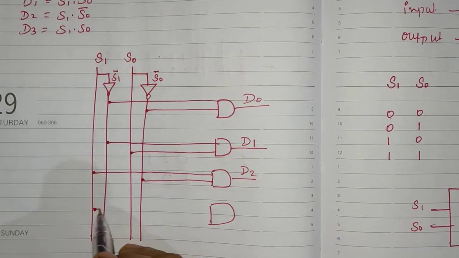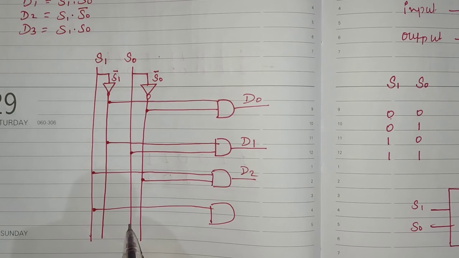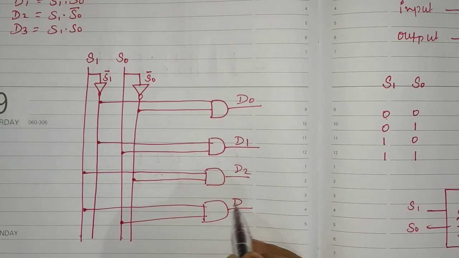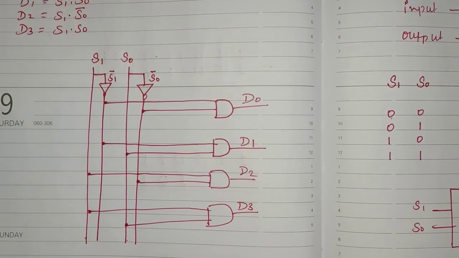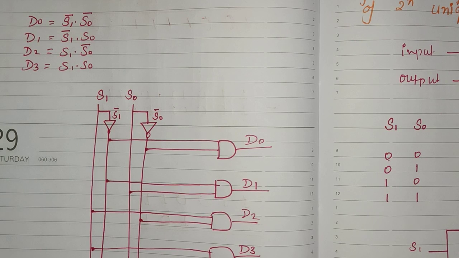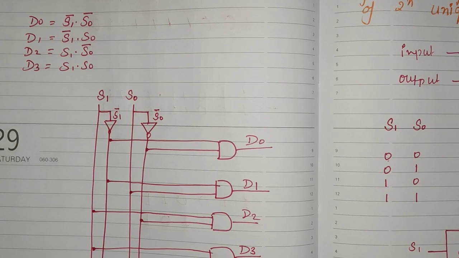S1 is 1 and S0 is 1. This one, so here we get the D3 value. It's very simple decoder, a 2 into 4 decoder. Now I think you are able to draw the 3 into 8 decoder. Okay.